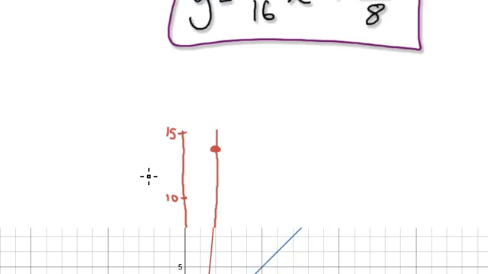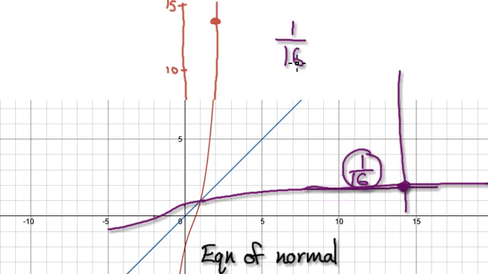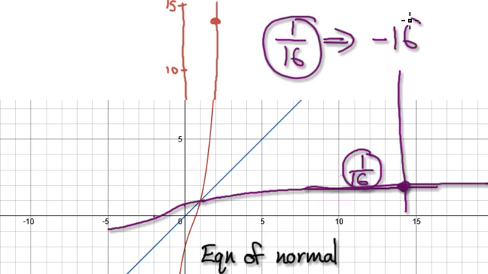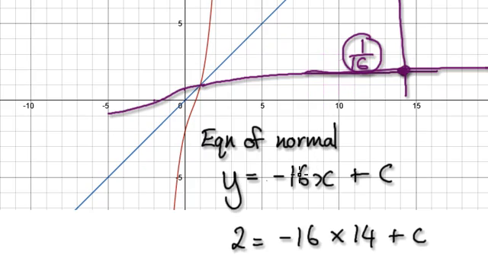Now that you know the equation of the tangent line, the gradient of the normal line will be the minus reciprocal of this. At the moment the gradient is 1 over 16, so the gradient of the normal line will be minus 16.